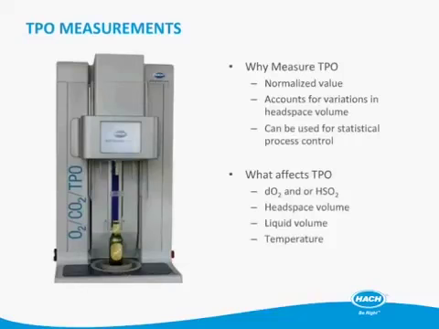The numbers are statistically significant, and you can really go back, troubleshoot fillers, look at where your O2 is getting into the system, and it's an incredibly valuable tool. So what affects TPO? The dissolved oxygen and the headspace oxygen. If we know either the dissolved oxygen or the headspace O2, the headspace volume, the liquid volume, and the temperature, we can calculate the TPO of any package.